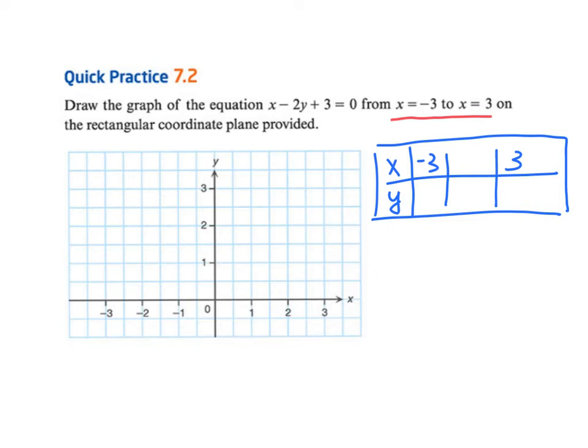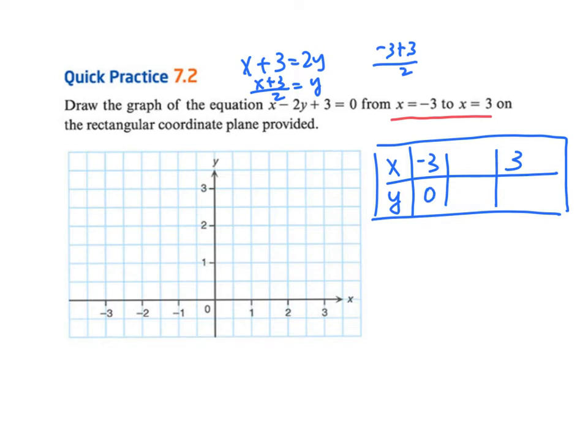When x plus 3 equals 2y, y will be equal to x plus 3 divided by 2. Once again, if I substitute negative 3, y will be equal to negative 3 plus 3 divided by 2, which means 0 divided by 2, which will give you 0.